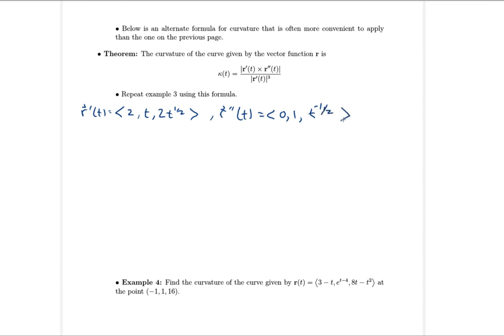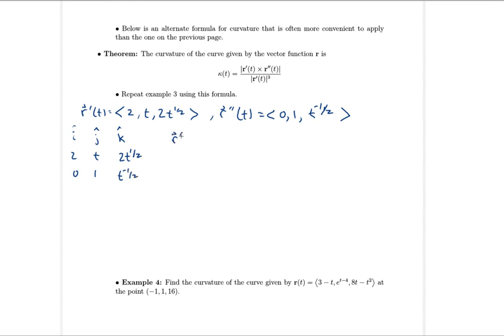Okay, so it wants us to take a cross product, so we can do that. So we'll do our i, j, k. So we have 1, 2t, 2t to the 1/2, and then we have 0, 1, t to the negative 1/2.